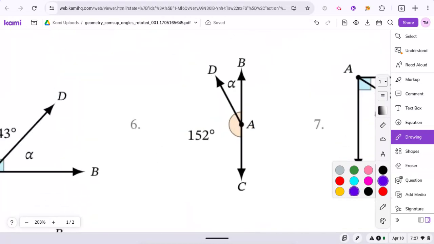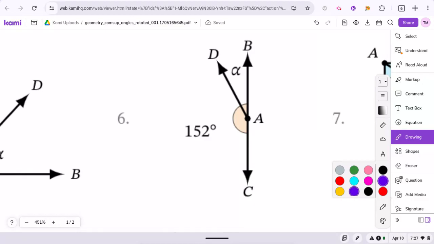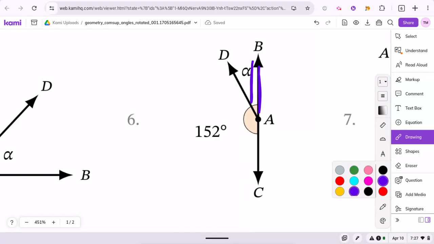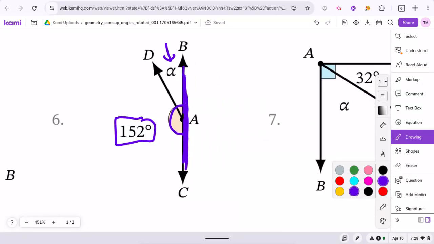So similar process like for number 6 here. Once again, there's a straight line, 180. That's 180 degrees total. They give you 152. You need to get this angle here. So here's a different way to do it. 152 is the angle you do have.